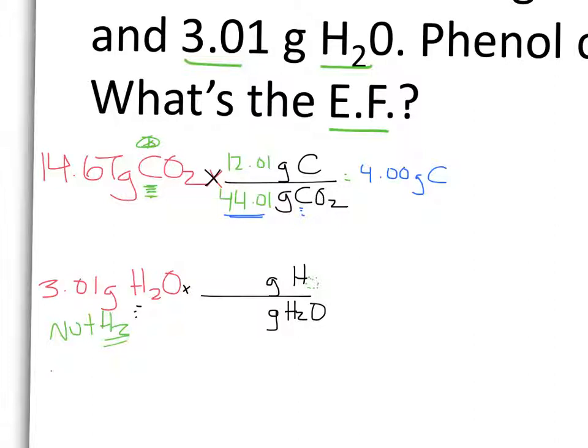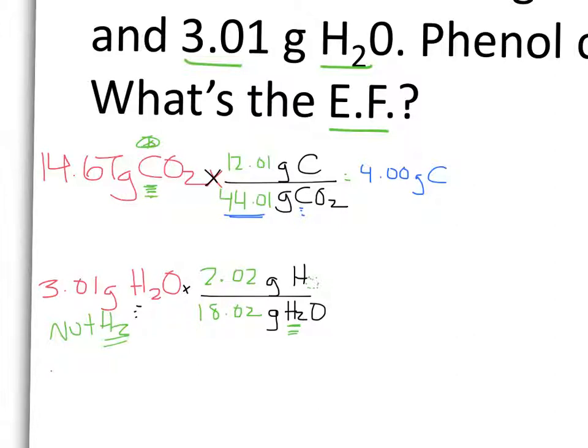Now, hopefully you know that the mass of water is 18.02. And of that 18.02, how much of it was hydrogen? Well, in the water, there are 2 hydrogens. But remember, every hydrogen is 1, but you've got 2 of them. So if I took the total and subtracted the amount of oxygen, there would be 2.02 grams of hydrogen remaining.